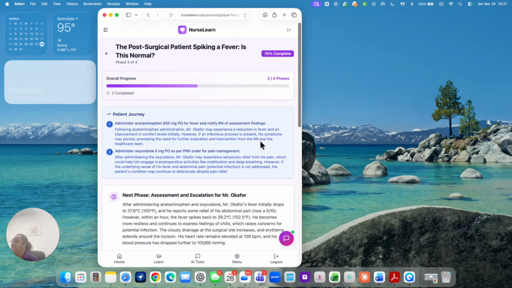Given Mr. Okafor's elevated vital signs and symptoms suggestive of an infection or complication from surgery, transferring to a higher level of care is appropriate. The RN or physician must be informed to potentially order further diagnostic tests or treatment. Immediate interventions like IV fluids, antibiotics, or other medications will typically be managed at a higher level of care.